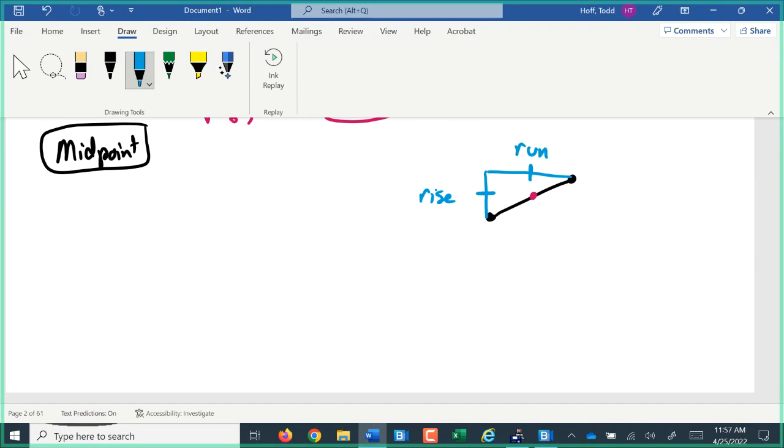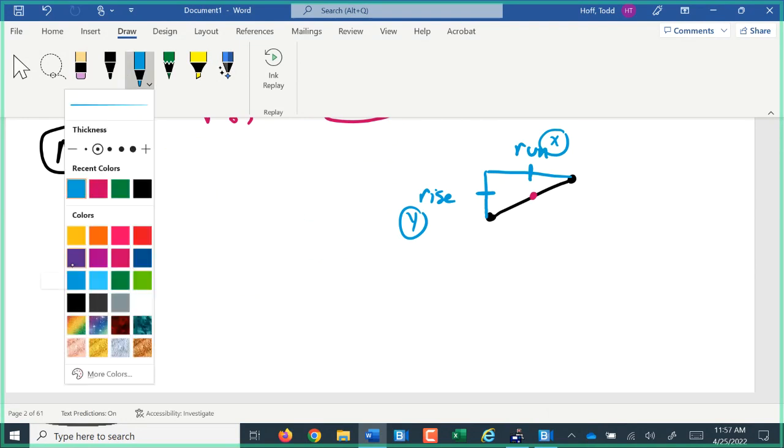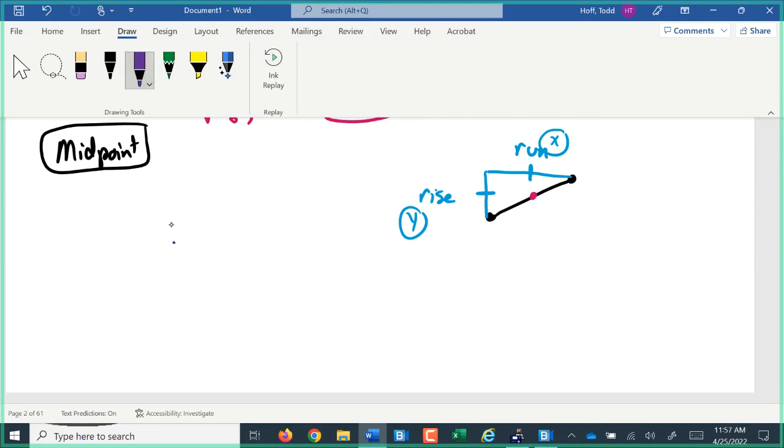So if I find the midpoint of the rise, that'll give me the y coordinate. And the midpoint of the run will give me the x coordinate. Well, we said the run is just the difference in the x coordinates. So the midpoint of the run is the average of the x coordinates. So if I'm finding the midpoint, the x coordinate is x1 plus x2 divided by 2.